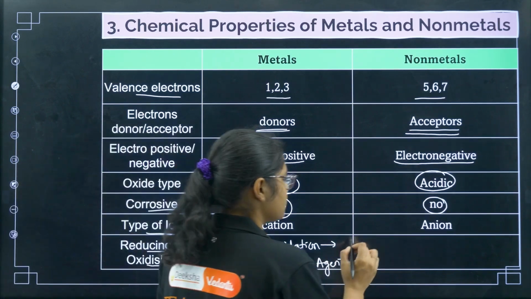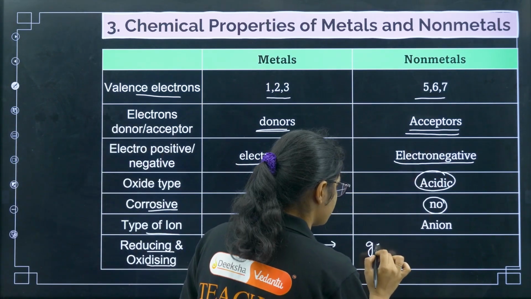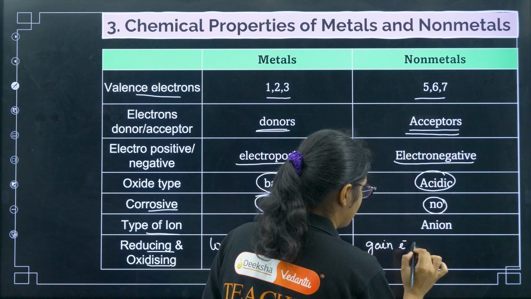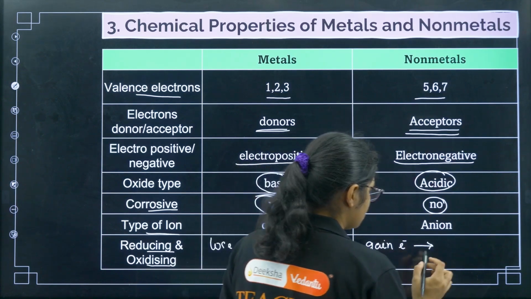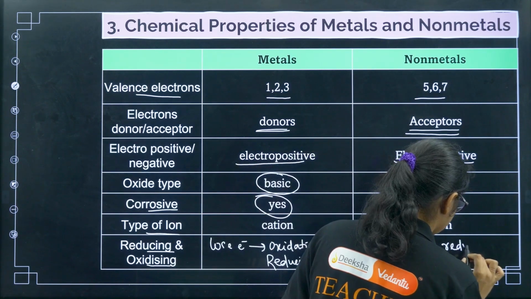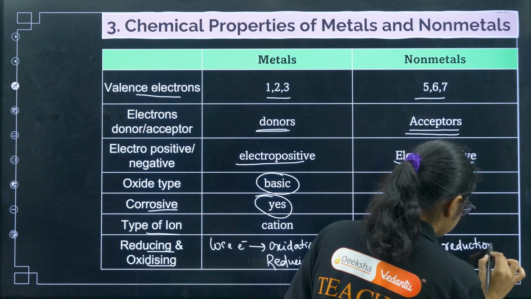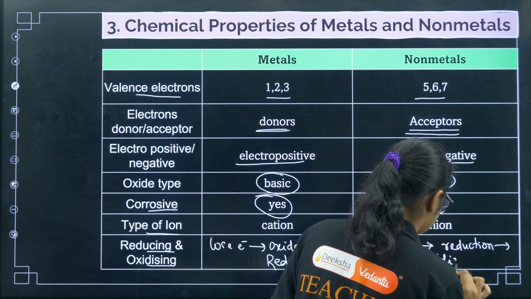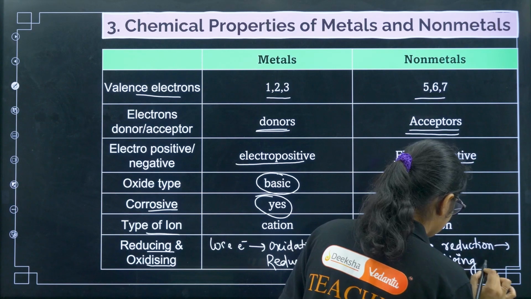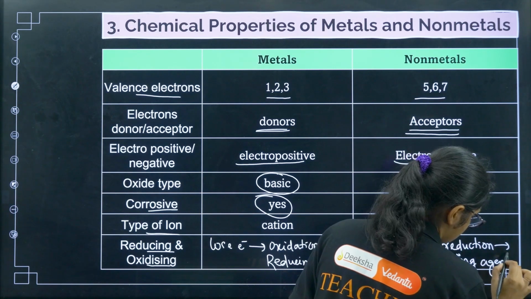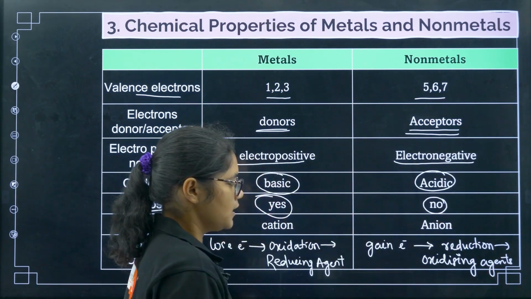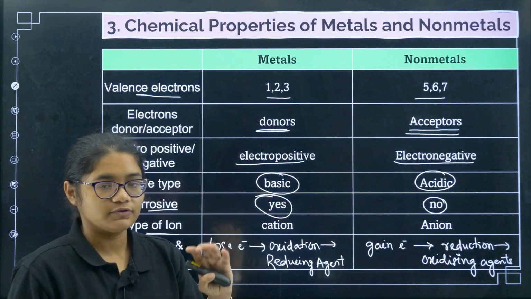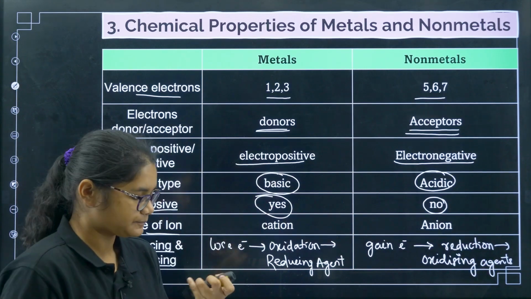Now talking about non-metals: they are electron acceptors, right? They gain electrons, so there will be reduction. The species which undergoes reduction behaves as an oxidizing agent. These are the things you have to remember in the chemical properties.